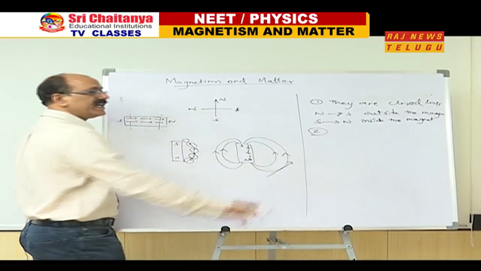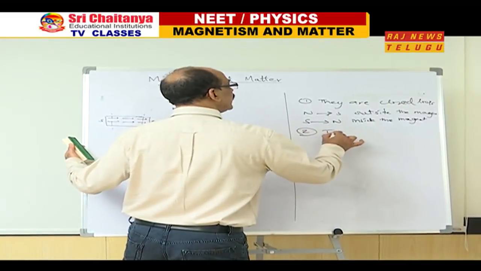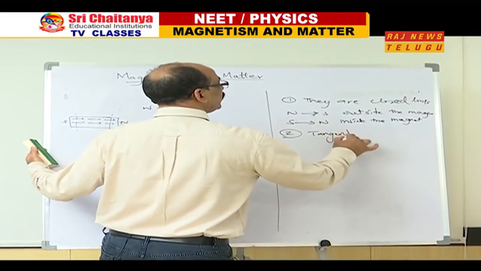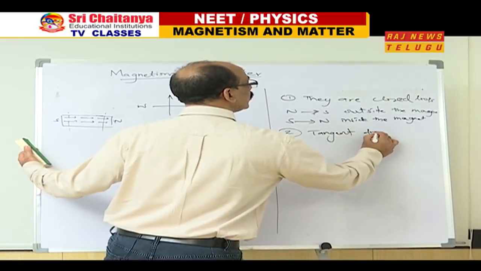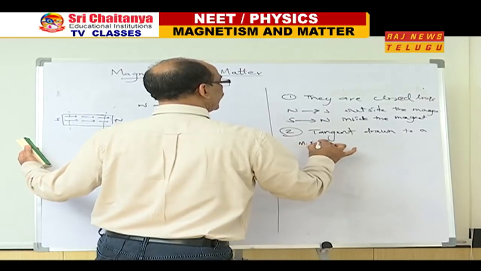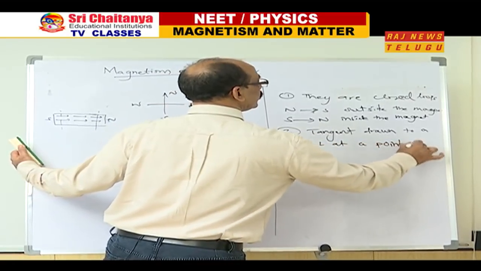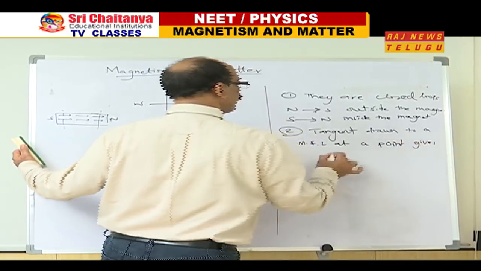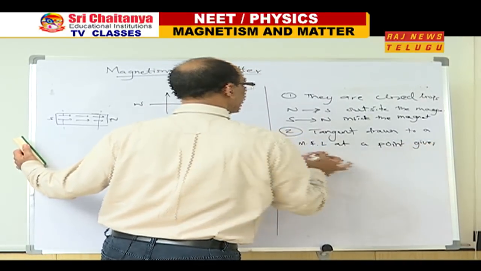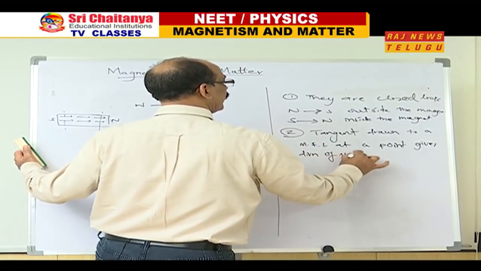This tangent indicates the direction of the magnetic field at that point.